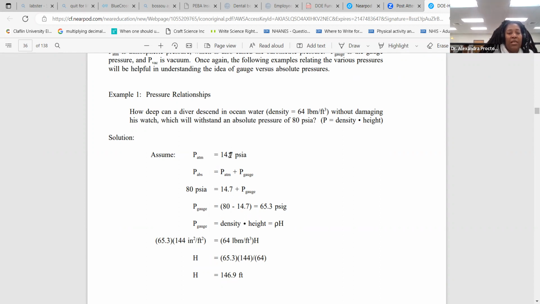They give you 14.7 psia. Absolute pressure is defined as 80 psia. Okay, and that comes from the question.